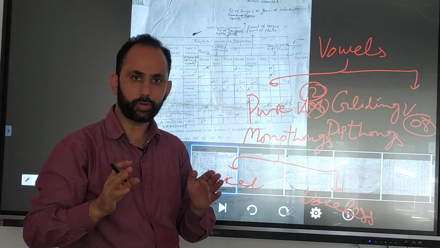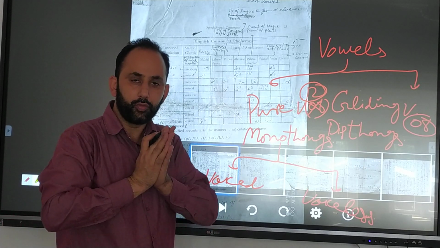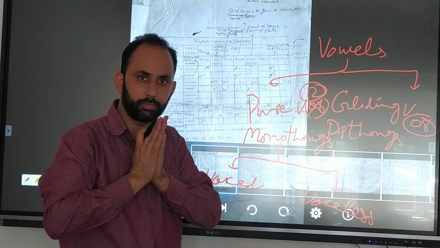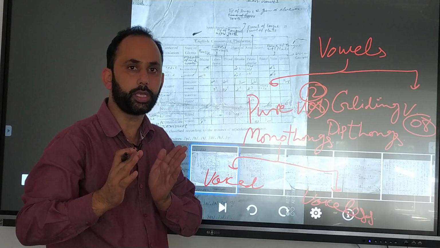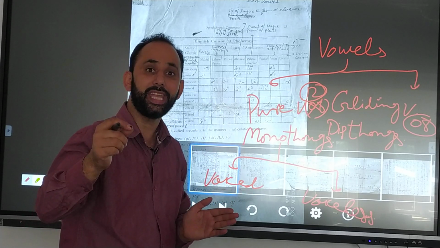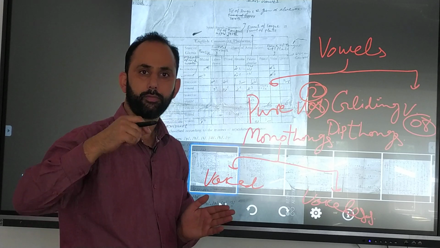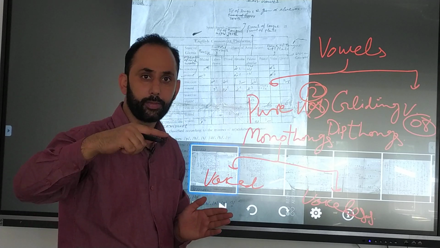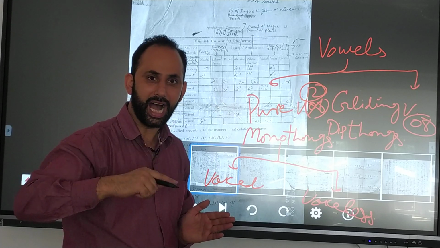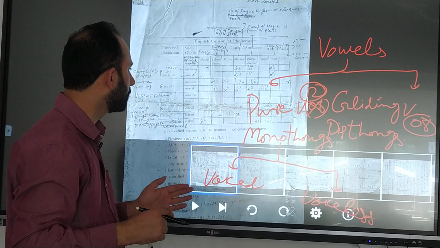In short, you have to remember that voiced are those which have more duration: when we speak them, they take more time, and voiceless have less duration. For example, E, we produce it long. I will teach you.